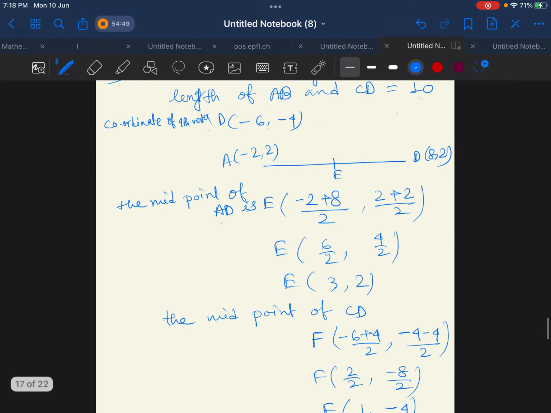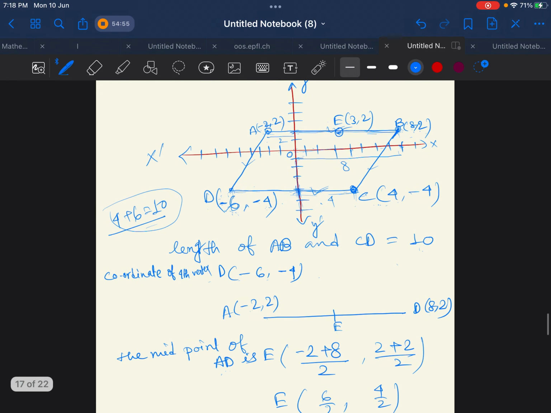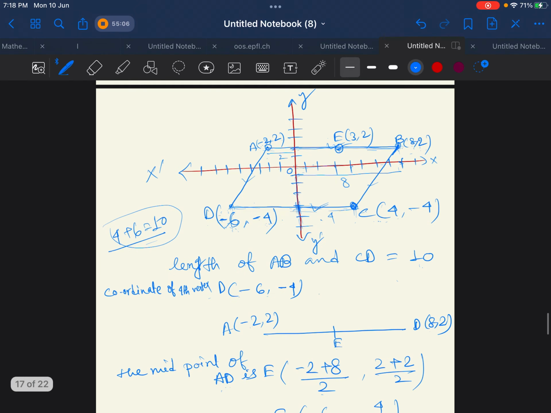If we take the point E, the middle point of the line AB, first we sum the x values: minus 2 plus 8 by 2.